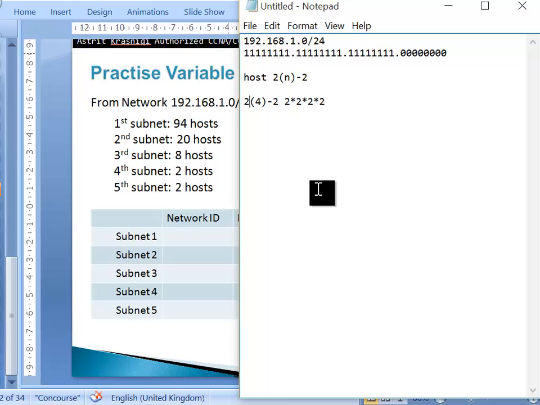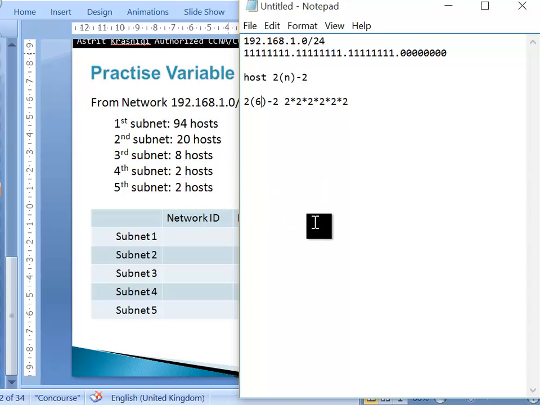So let's reserve 6 zeros, maybe. So we change the formula like this, times 2, 6 times. 2 times 2 is 4, times 2 is 8, times 2 is 16, times 2 is 32, times 2 is 64. Well, 64 is not enough because we need 94.